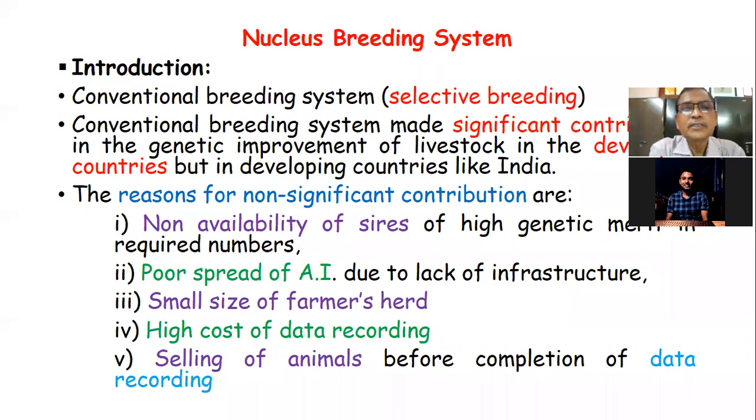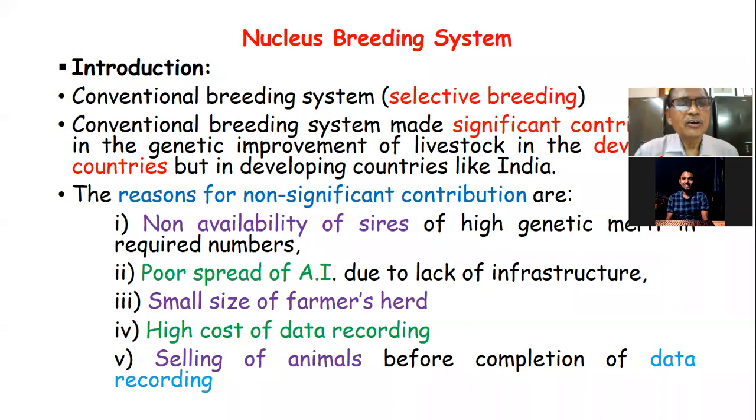Later on it shifts to the cytoplasm, but it is produced by the DNA of the nucleus. So ultimately it is under the control of the nucleus. So it is a breeding system where a nucleus of animals is used for the genetic improvement of farm animals.